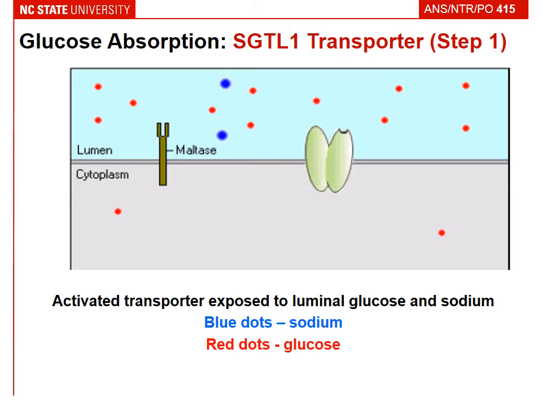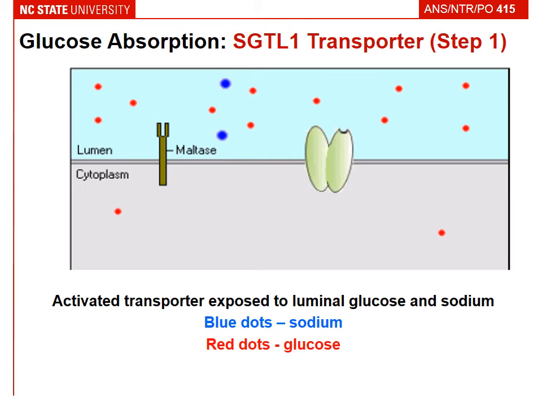More specifically, we're going to talk about the SGLT1. Here the blue dots are our sodium, red dots are our glucose. This light blue area is the lumen, and here we have the cytoplasm of the cell.